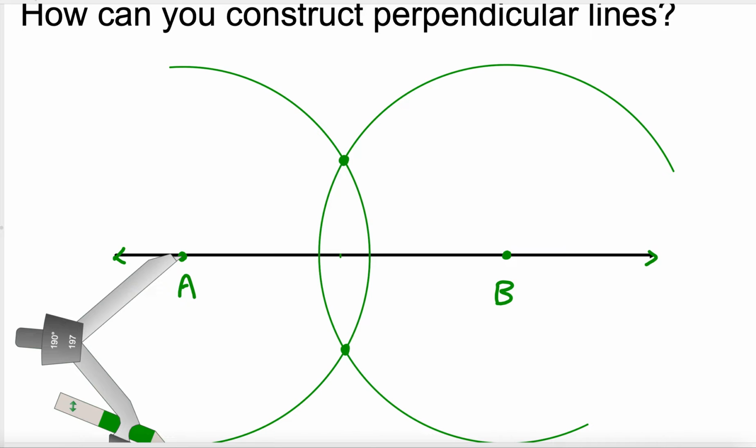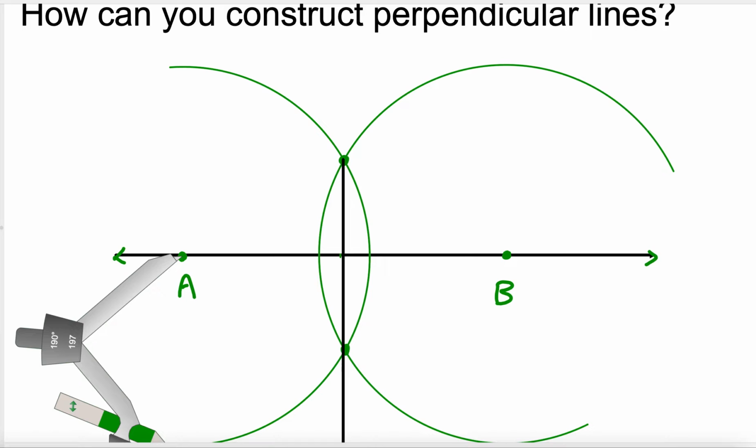If you connect them together using your ruler, so I'm gonna bring my ruler here. Okay, anyways, you can connect those 2 points right here, and you can extend it.